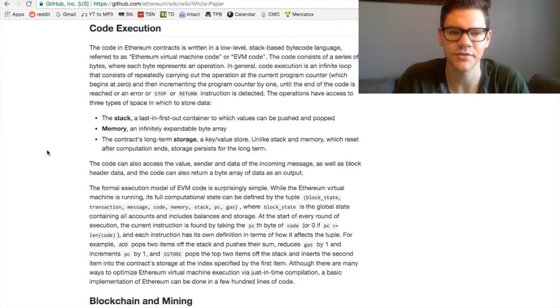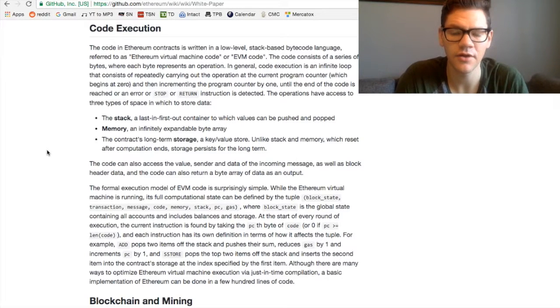Code execution. The code in Ethereum contracts is written in a low-level stack-based bytecode language referred to as Ethereum Virtual Machine code, or EVM code. The code consists of a series of bytes where each byte represents an operation.